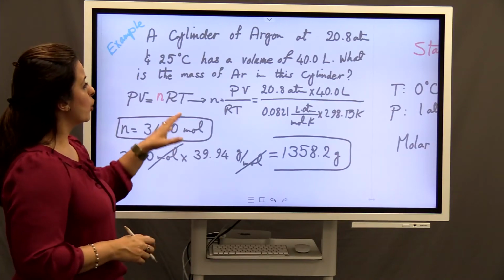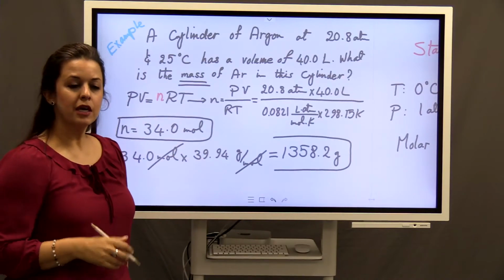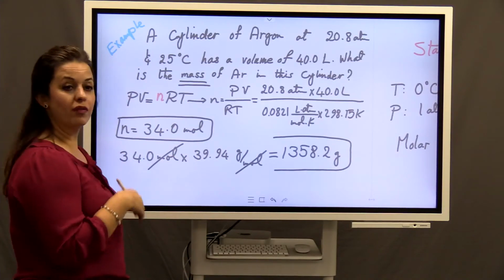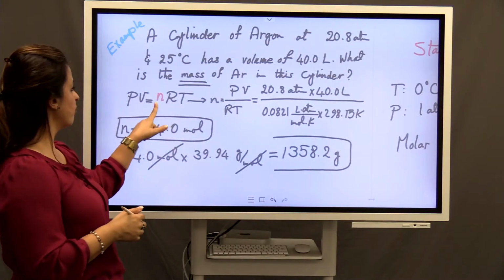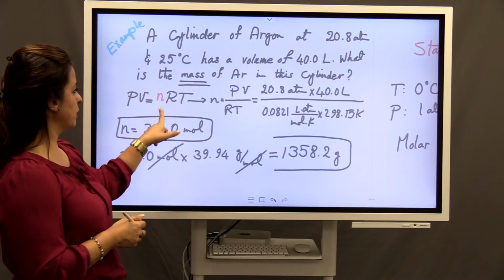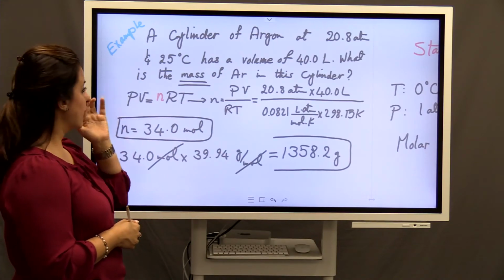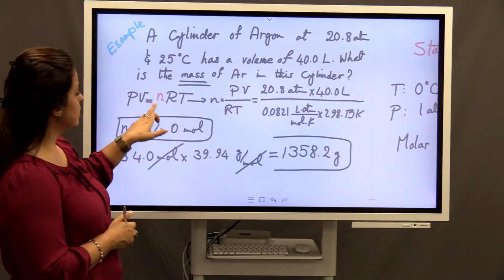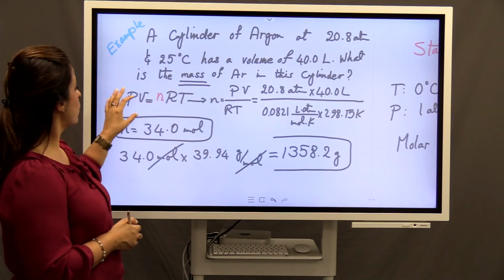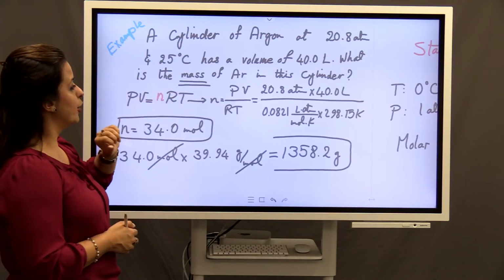Second, you're looking for the mass. How to find the mass? The best way to find a mass is always from moles. And in which gas law do you see the number of moles, pressure, and volume? It's the ideal gas law. So you're solving for n first, and n is going to be PV over RT, the known side divided by the unknown side.